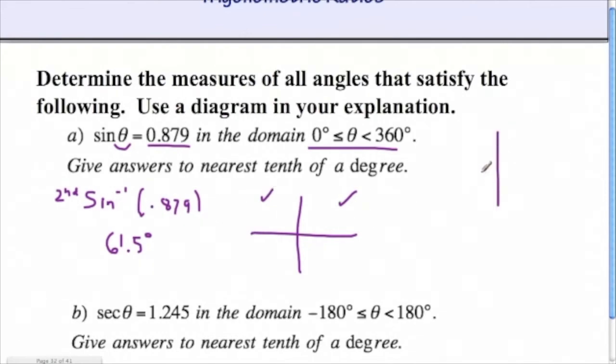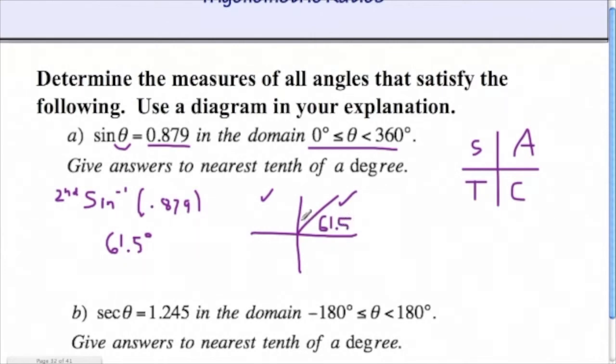Well, we should know the CAST rule tells us that: add sugar to coffee. So all things are positive and sine's positive, and that's what I have as a sine. That's a positive ratio. So I know when it's in this quadrant, the answer is itself. So there's one answer.